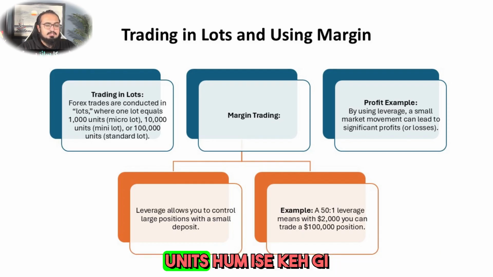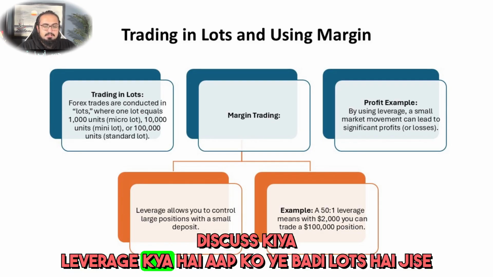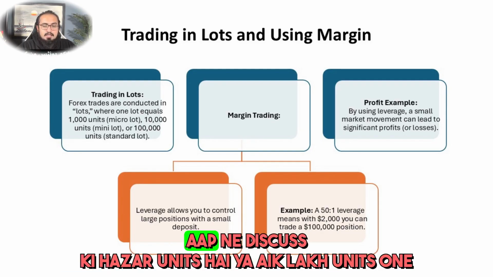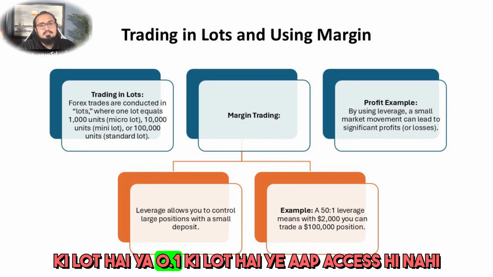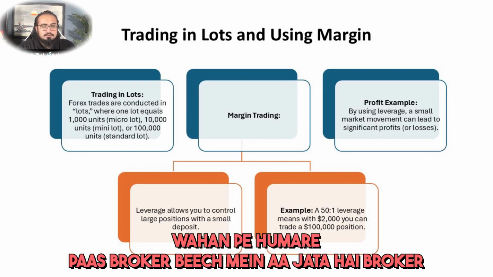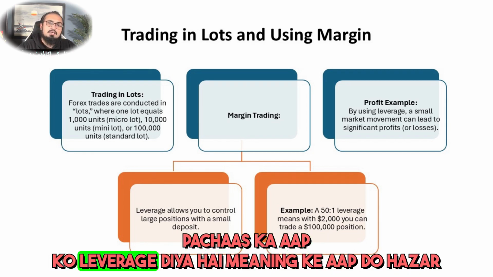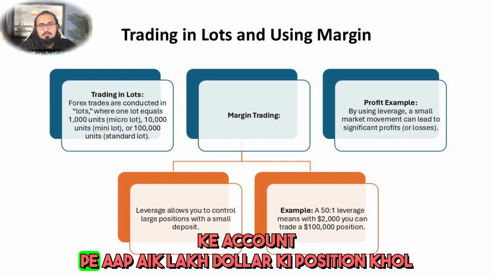This is the lot size. Now, as we discussed earlier, what is leverage? Whether it's 1,000 units or 100,000 units, you cannot access it if you don't have that much money in your account, so the broker comes in between. The broker gives you leverage. If you are given leverage of 1:50, you can open a position of $100,000 on a $2,000 account.